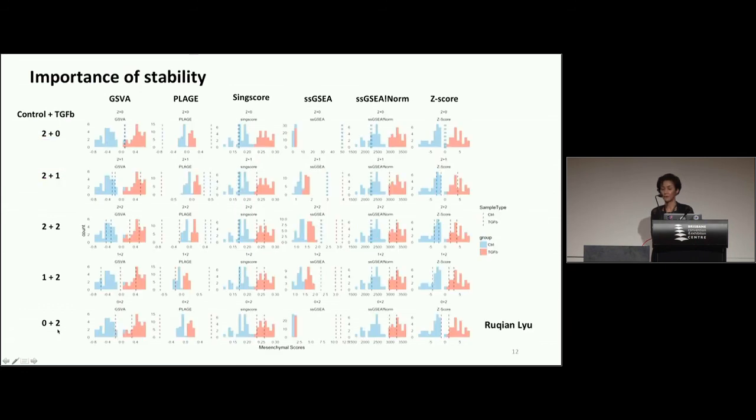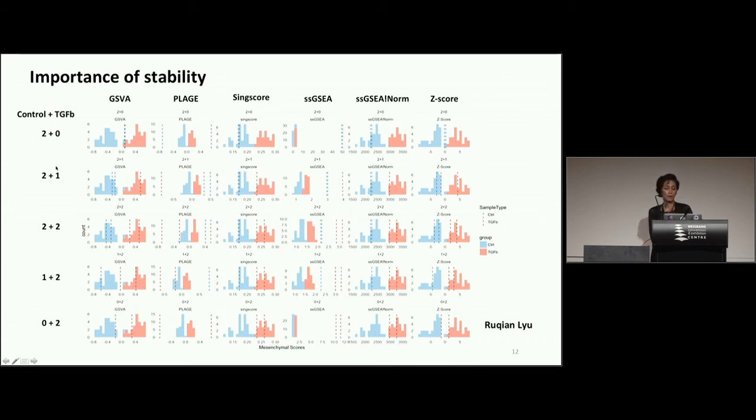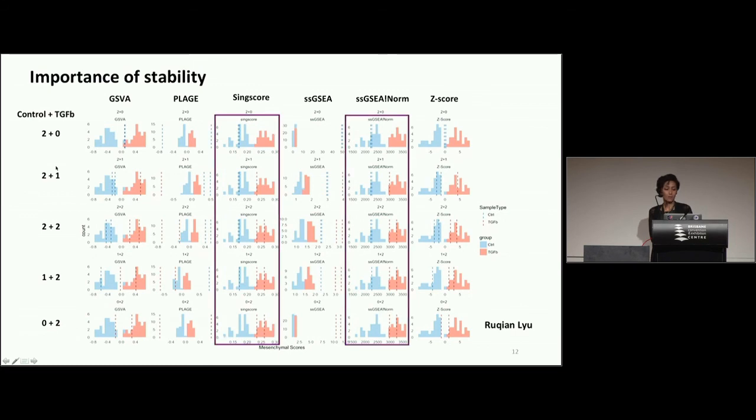To do that for all the methods, this is what we get. For the Singscore and ssGSEA without normalization, if you follow this, you can see that we get really pretty good results. Regardless of which of these scenarios or which composition of samples we have, we always put the scores in the right place. But I'd like to highlight a difference between these 2 methods.